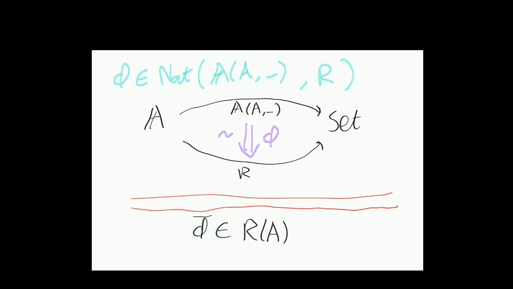Now I'll go over how the Yoneda lemma works again momentarily, but let's have a look at what this means in the dynamical systems example that we've been playing around with. Remember, this is the case where script A is the category of dynamical systems, capital A is our natural numbers dynamical system, and R is our forgetful functor. So what does this look like in this case?